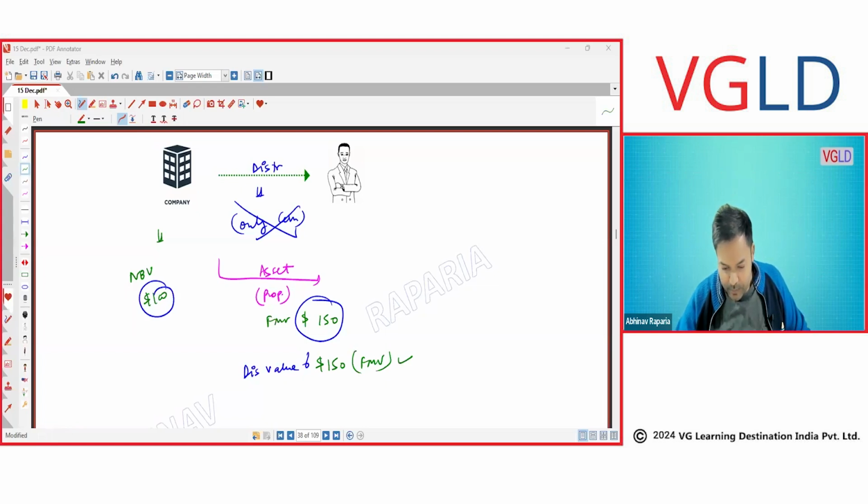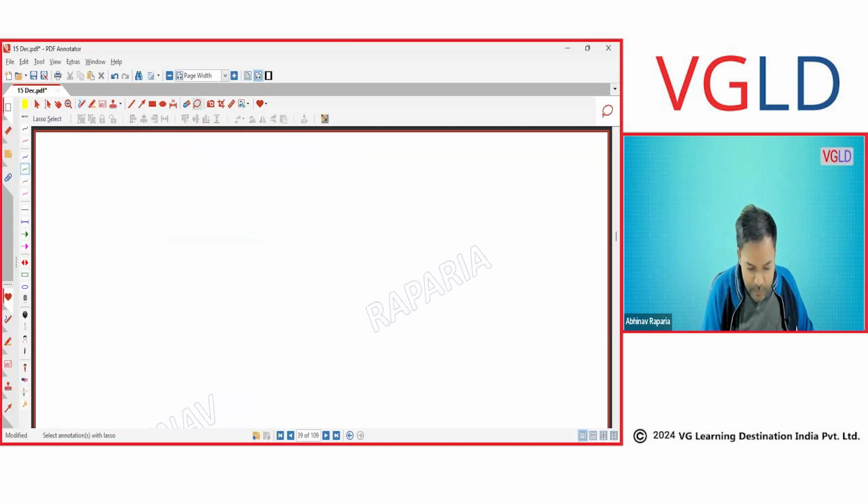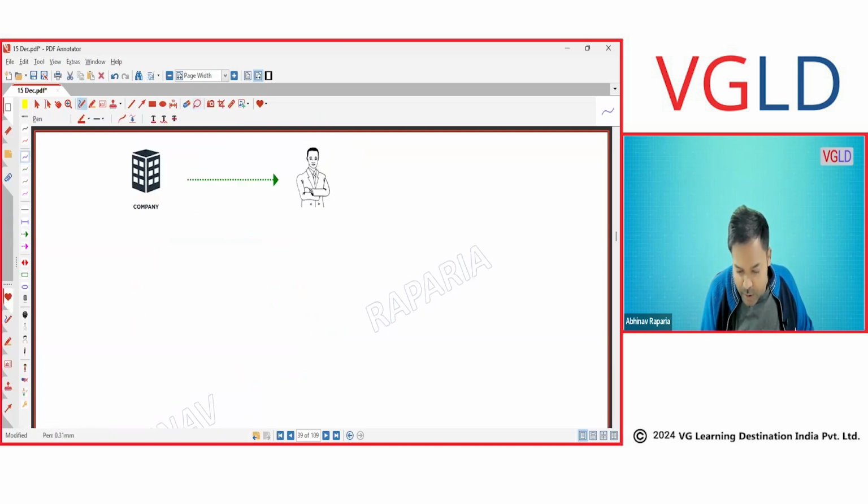Let's try one question. Company is giving cash to the shareholder. Let's say you are giving cash of $50. Along with that, company is also giving the asset, for which fair market value is $100. Net book value for the company is $80, guys.